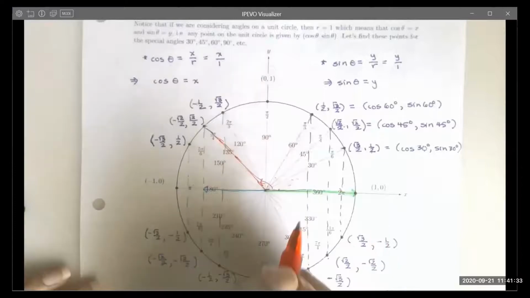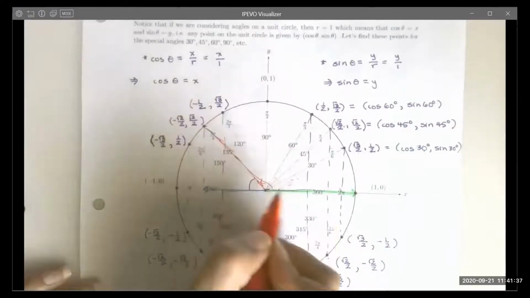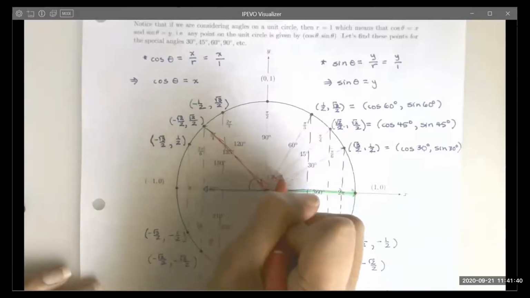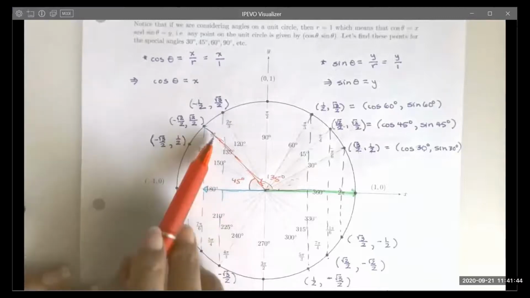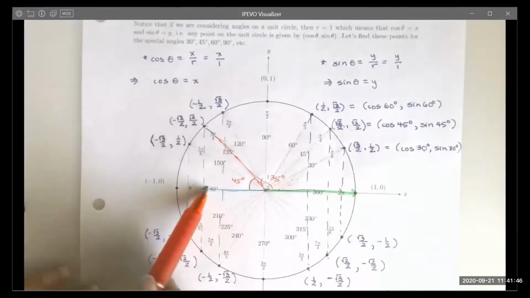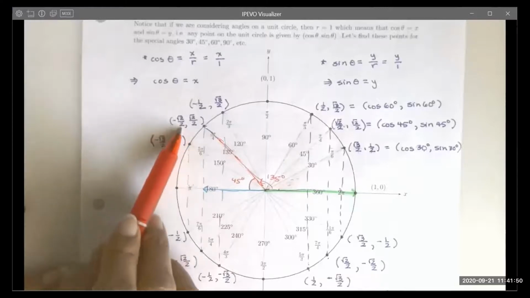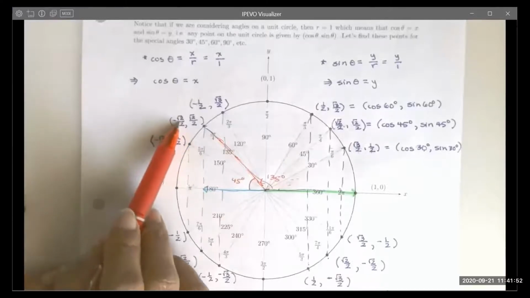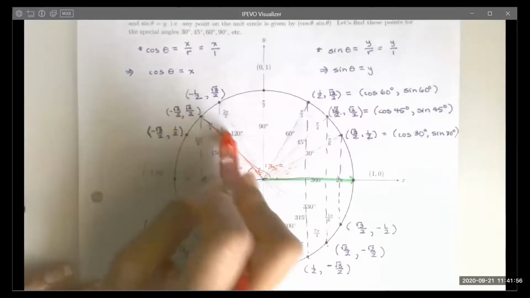And then the reference angle would be this one here. Well, if this is 135 degrees, the reference angle has to be 45 degrees. So that's what I was mentioning earlier. Look for the angles that have reference angle 45. That's going to give you a cosine of negative radical 2 over 2 in quadrants 2 and 3. Same thing with quadrant 3.